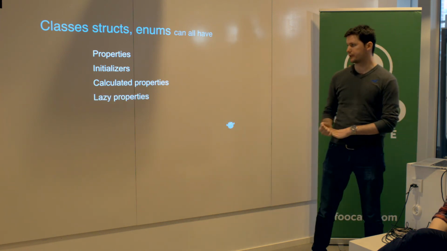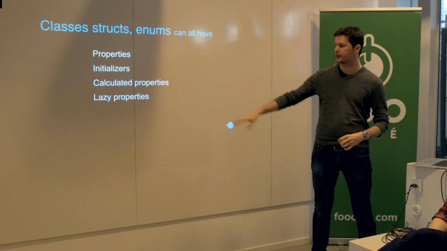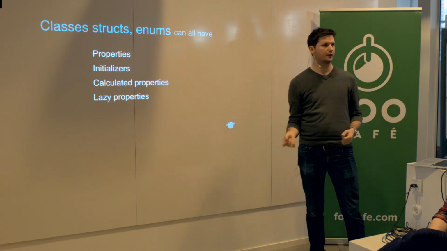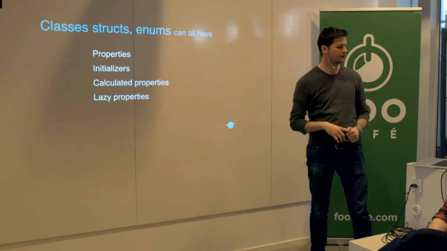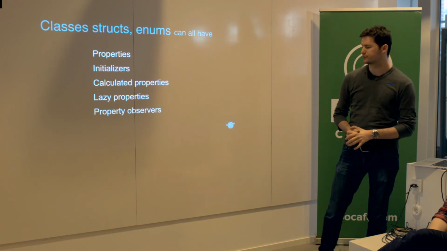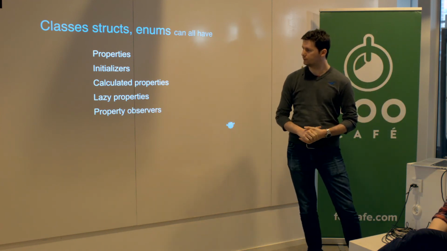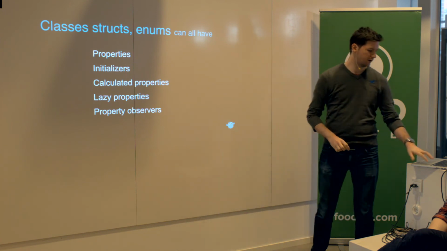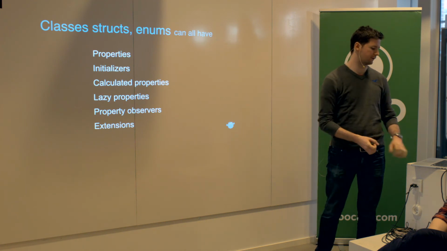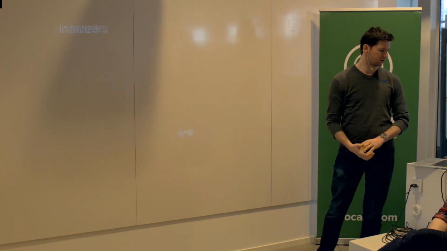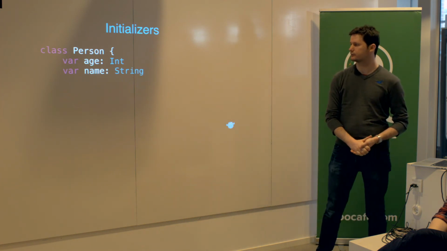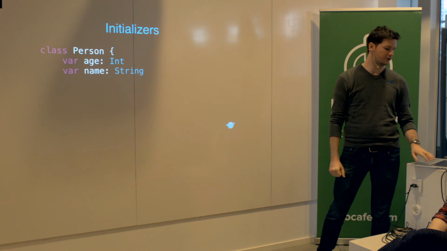We can have lazy properties, and that's very nice if you have something heavy that you want to initialize at a later time. You can just put the keyword lazy in front of it, and that'll work. We can have property observers, which we'll take a closer look at shortly. And we can have extensions, which I'll also talk a little bit more about. Let's start with initializers. Let's say we have this class of person with age and name.